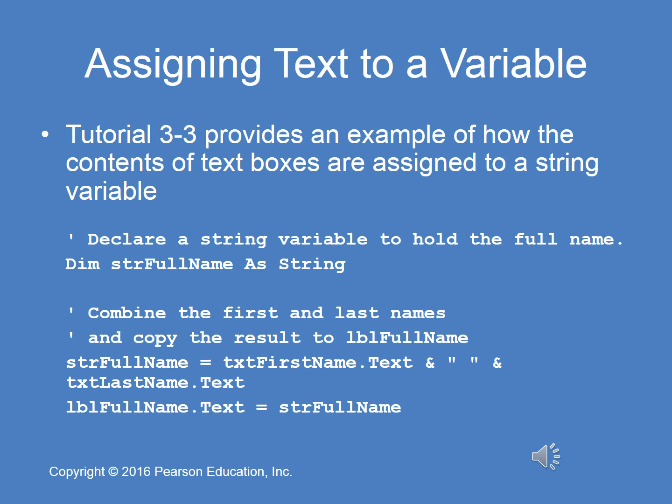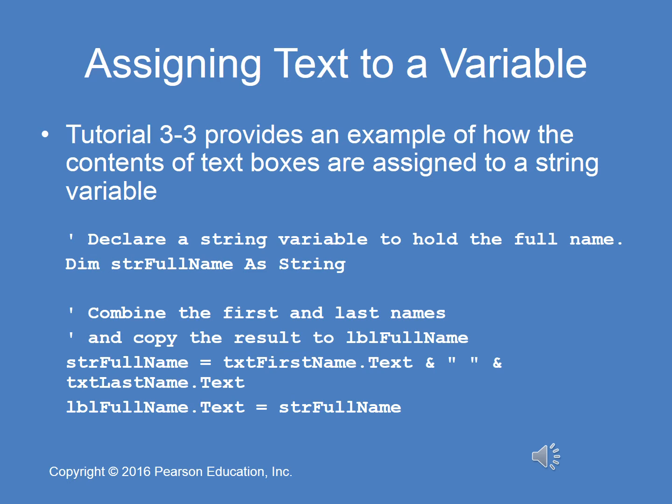This slide references tutorial 3-3, which I would like you to have already completed. If you haven't, stop here and go to your textbook and complete tutorial 3-3. It shows how the contents of a text box get assigned to a string variable. I go over this extensively in the video I posted in the timeline for this session, so take a look at that.